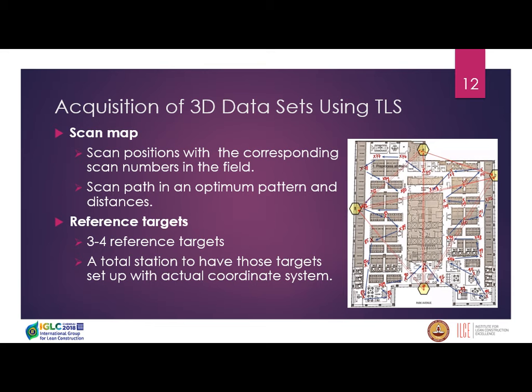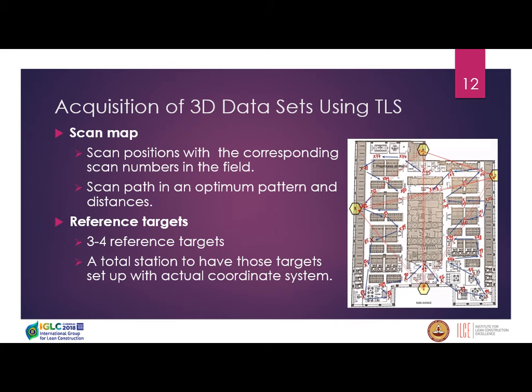So we have proposed to use a scan map. This is an example of a scan map. A scan map can basically be a drawing, a floor plan, where you mark the position of scans with the corresponding scan number in the field. Those numbers in red show the position of scans, and those blue lines show the scan path.